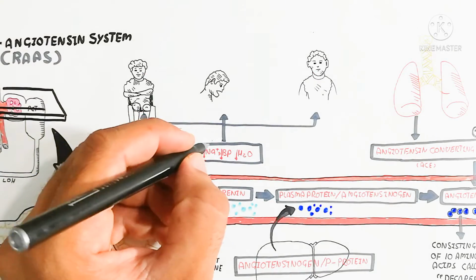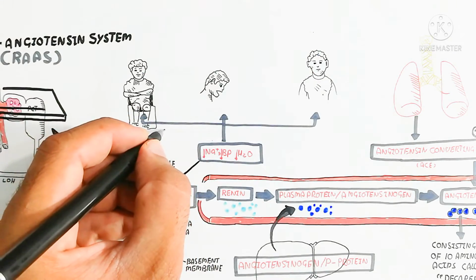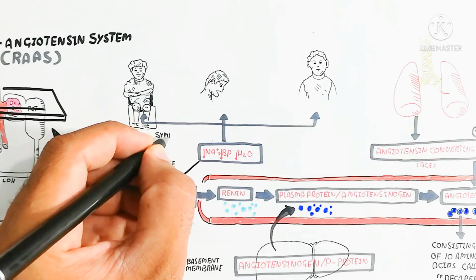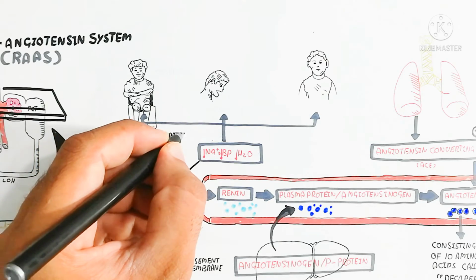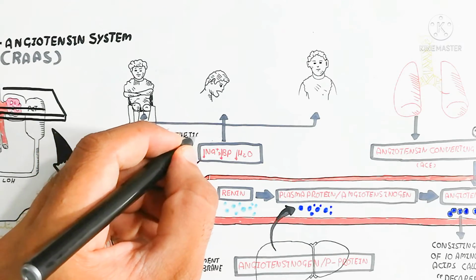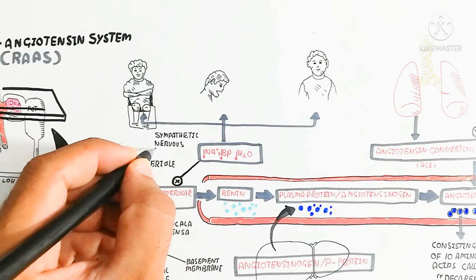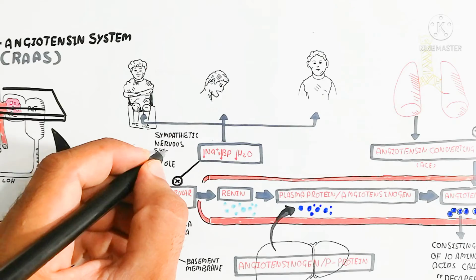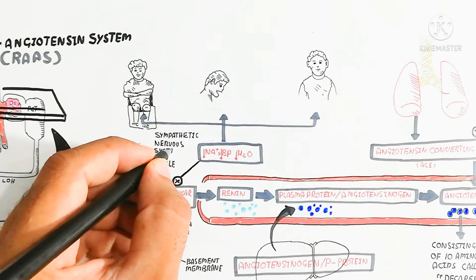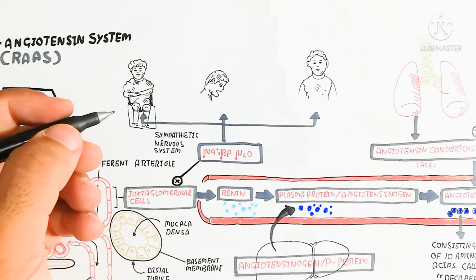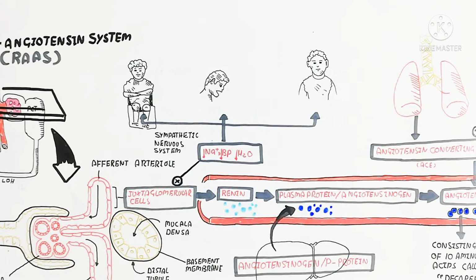But when sodium, blood pressure and water increase more, it will lead to sympathetic activity, which leads to diarrhea, vomiting and perspiration being increased. So that means this is the condition when we age.